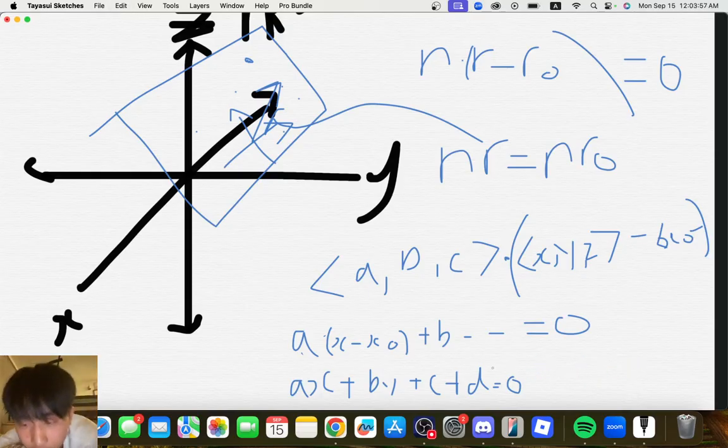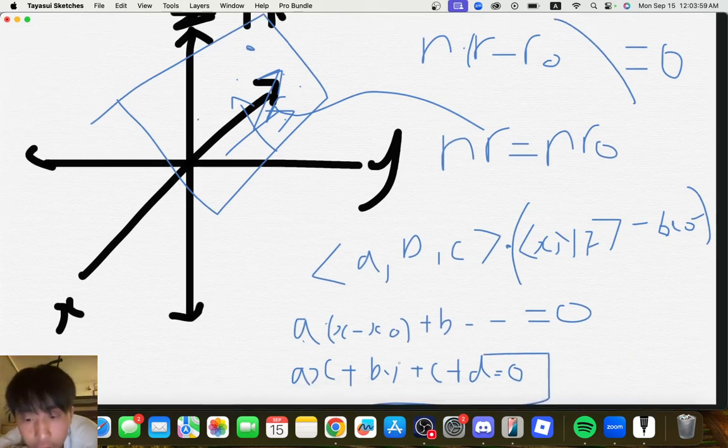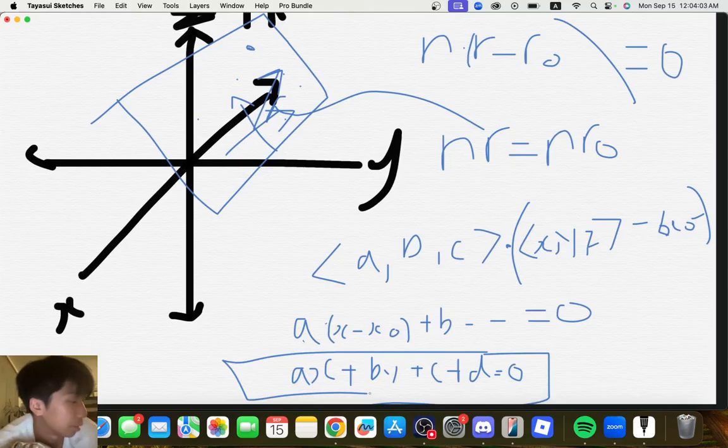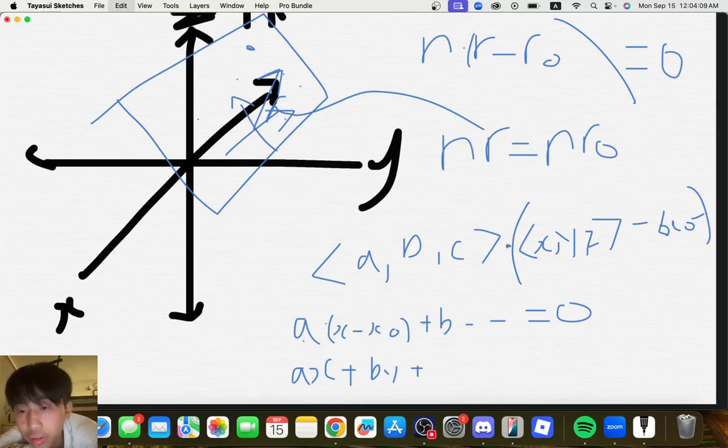So that is your standard form for a plane. That is how you define a plane. There you go. That's all, I think. That's a lot of writing, but yeah.